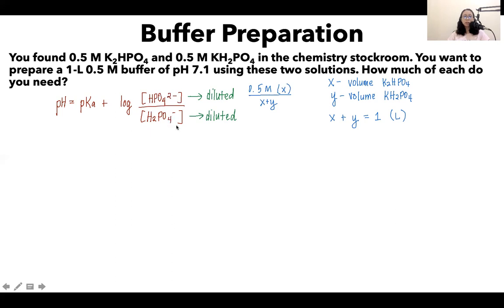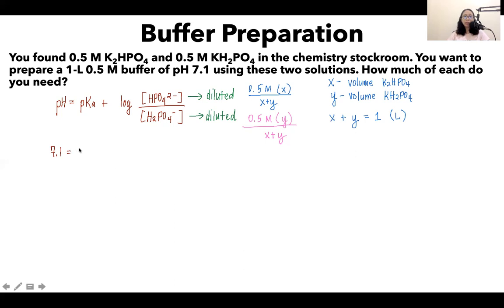The same goes for dihydrogen phosphate. For this one, again, we have 0.5 molar. We will use Y liter of this 0.5 molar solution, and the final volume is X plus Y. So in our Henderson-Hasselbalch equation, we have our target pH, which is 7.1, and this was previously given in a former problem.